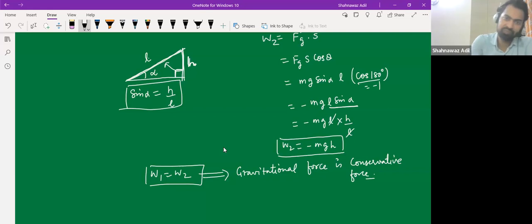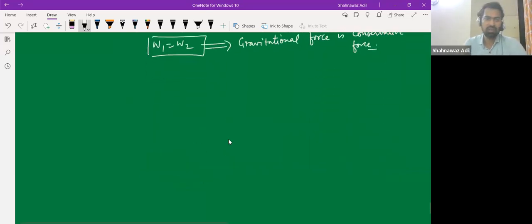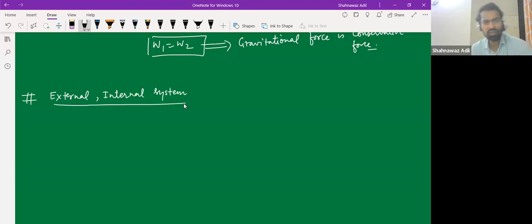Now let us understand these very crucial terminologies. One is the external system and one is the internal, right? So one is the internal agent and the other is the external agent.